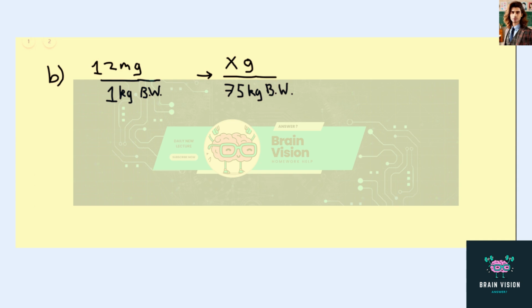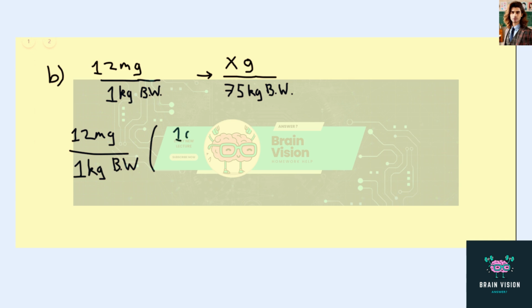What we could do for this problem is change this mg to g, and then this bottom part, this might seem a little weird, but we're going to need this to be 75 kilograms body weight instead of just 1. So we'll begin with the milligram conversion. We start off with a quantity here, and we want mg to be on the bottom.